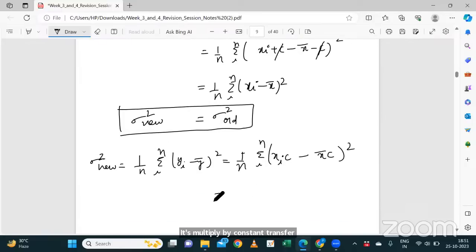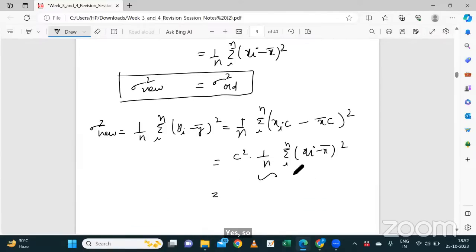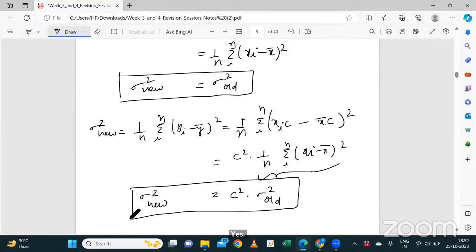So c is common and I can take it outside, giving c square into 1 by n, summation i equals 1 to n, xi minus x bar whole square. This is the old variance, sigma square. So if I multiply each observation by a constant, the variance of the new data set will be the square of the constant multiplied by the old variance. Is this clear to everyone?